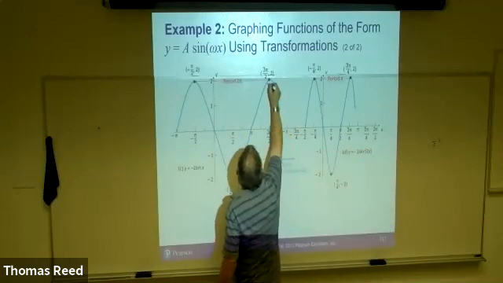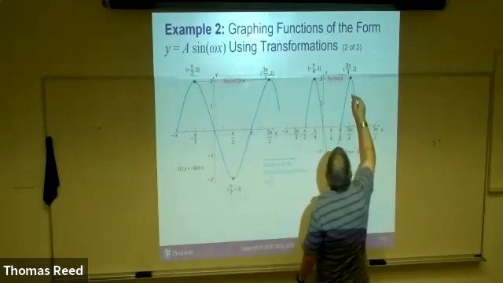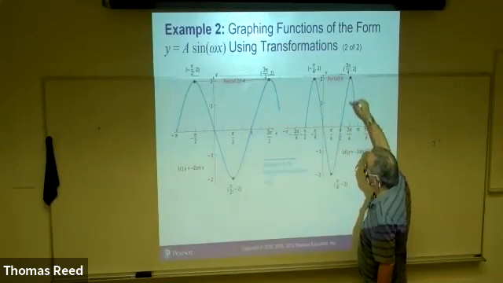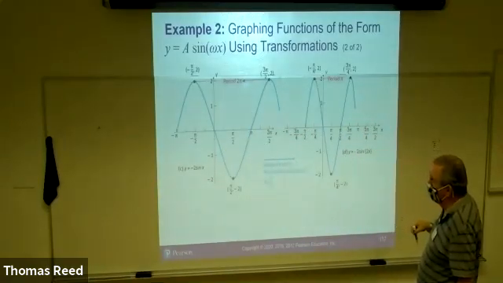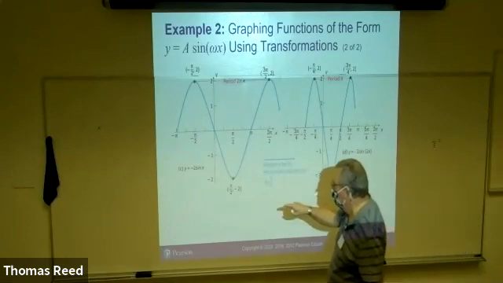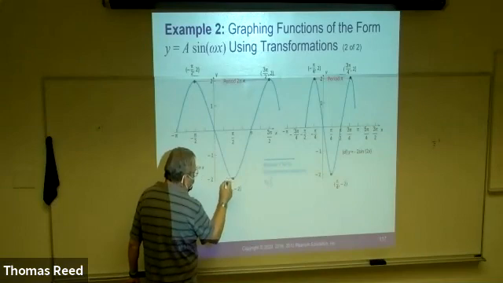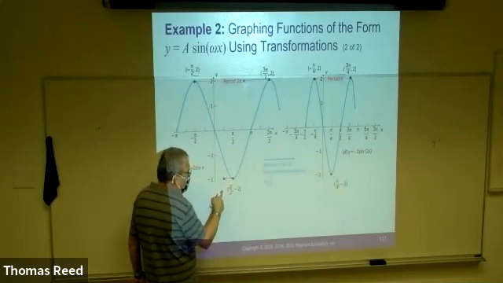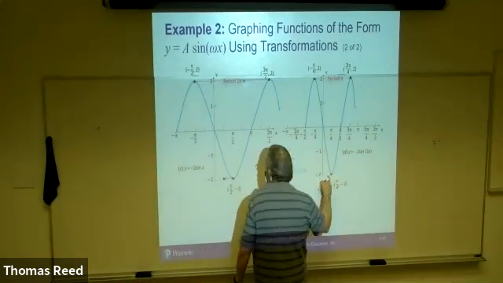So this point got moved back to here. And that's what they did here. And then 1/2, -2 got moved back to 1/4, -2. And that's how they got this point here.